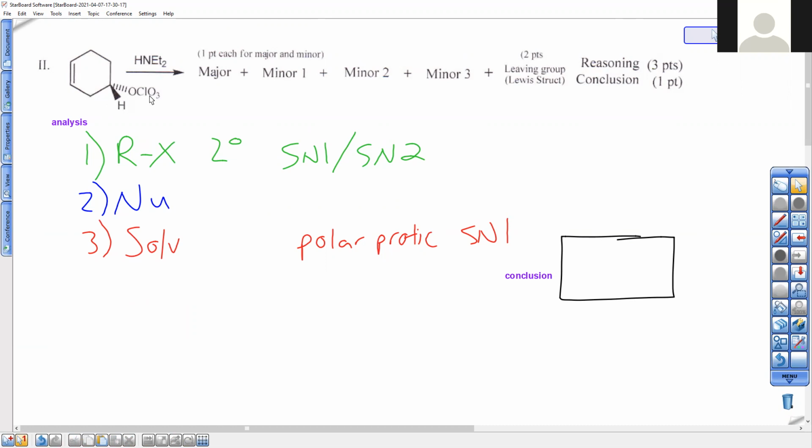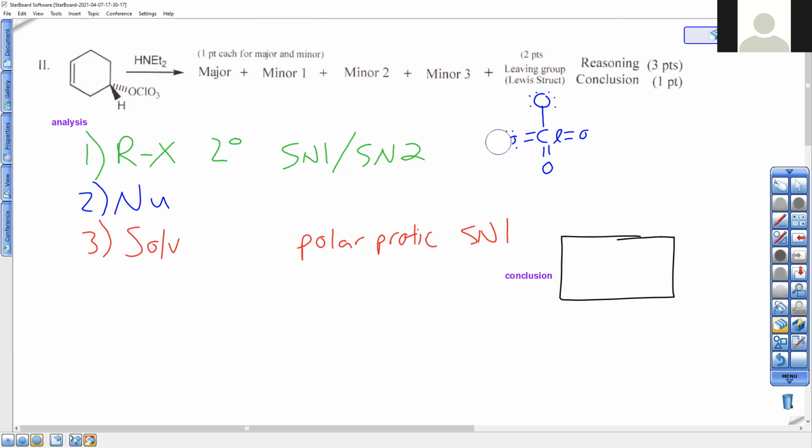First of all, this is the leaving group. Oh, we even have to draw the leaving group. Leaving group Lewis structure. As many of you have read already, excellent leaving groups are the conjugate bases of strong acids, and perchlorate fits the bill. Yes, and it does say Lewis structure. Oh, octet violation.